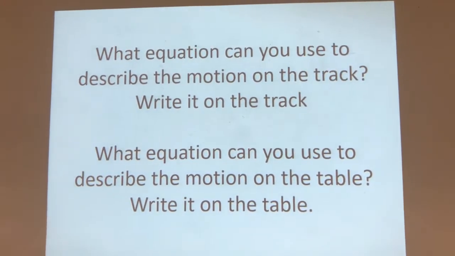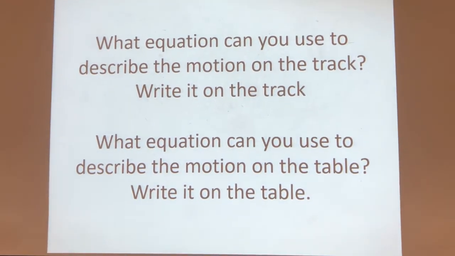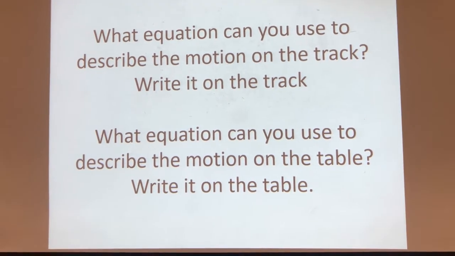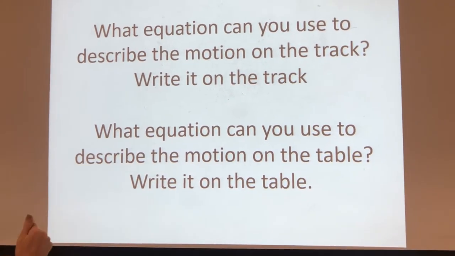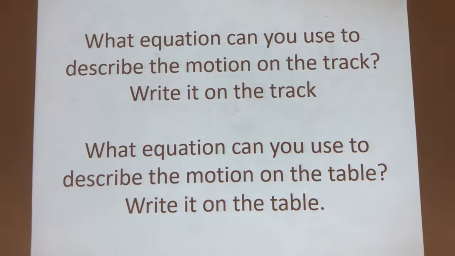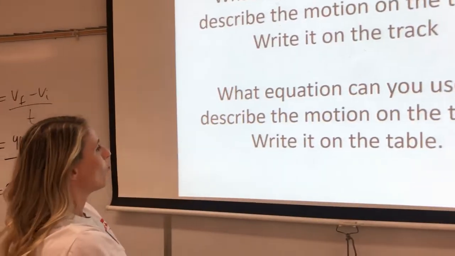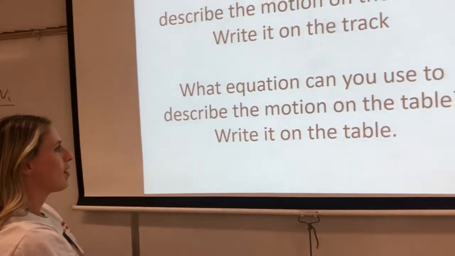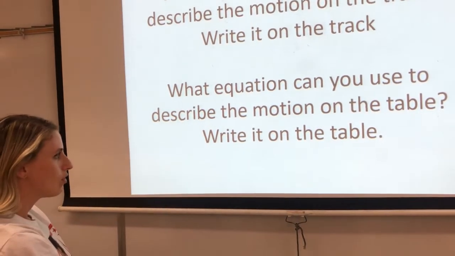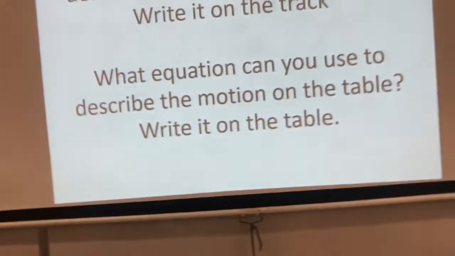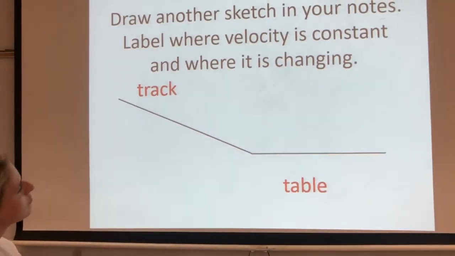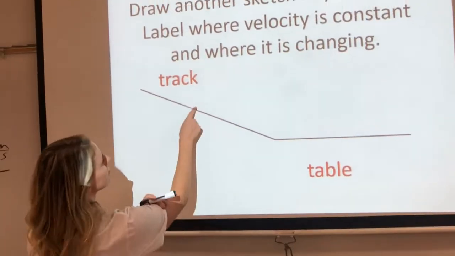What equation can you use to describe the motion on the track? Write it on the track. Oh, on that previous sketch. Yeah, on your sketch, not on my track. What equation can you use to describe the motion on the table? Write it on the table. Go back to that slide. So on the track would be right here.